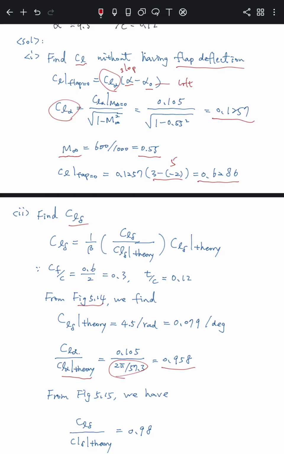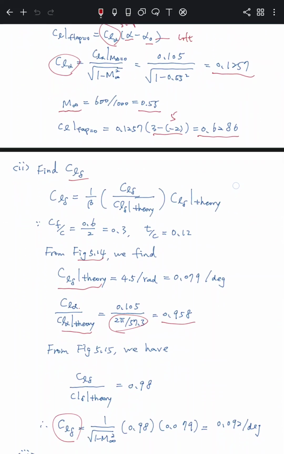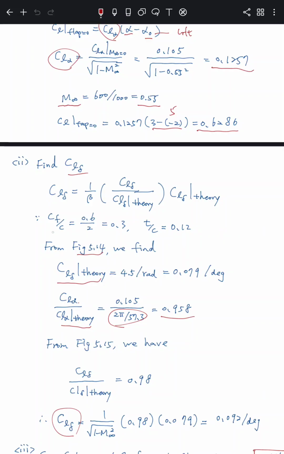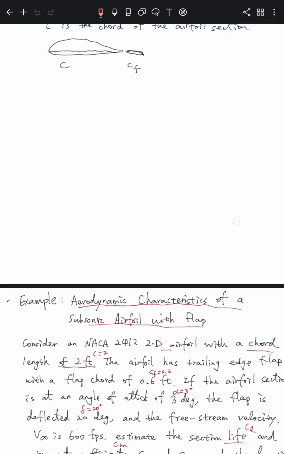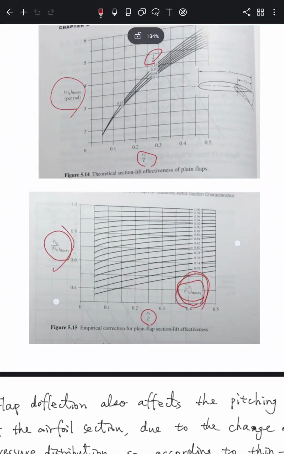From the figure, we need these two pieces of information: CF over C equals 0.3 and T over C is 0.12. Let me enlarge this.